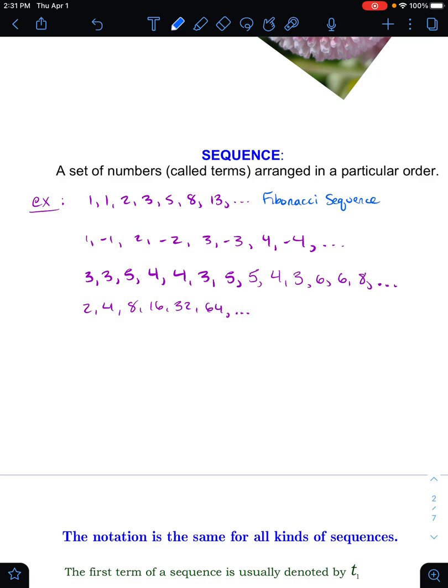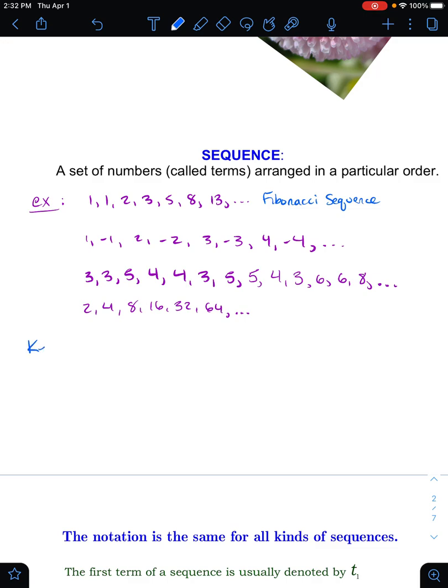We've got 1, -1, 2, -2, 3, -3, 4, -4. You could probably find a pattern from here. Or this less clear one, 3, 3, 5, 4, 4, 3, 5, 5, 4, 3, 6, 6, 8. Some kind of pattern maybe, or maybe not. And then this one, 2, 4, 8, 16, 32, 64. Another one where maybe you can find a pattern.